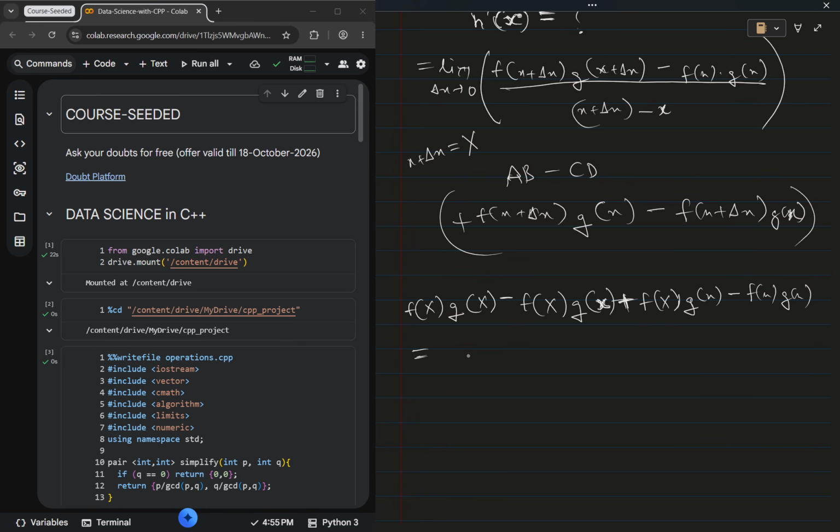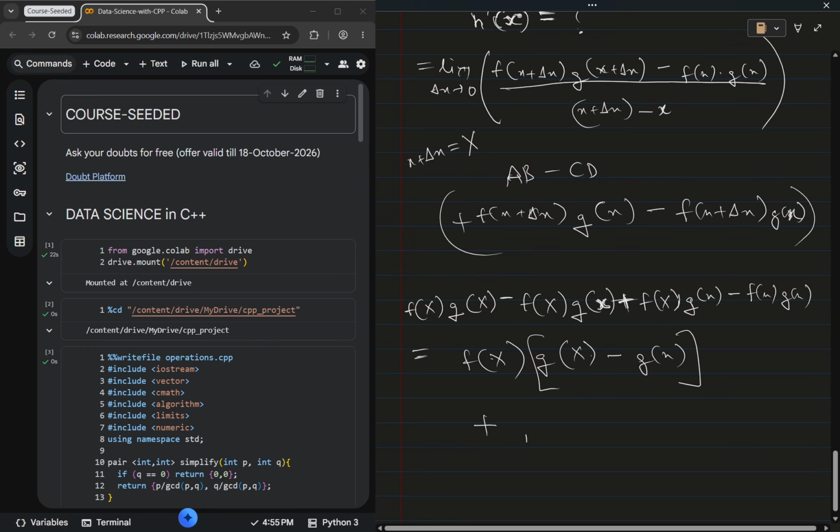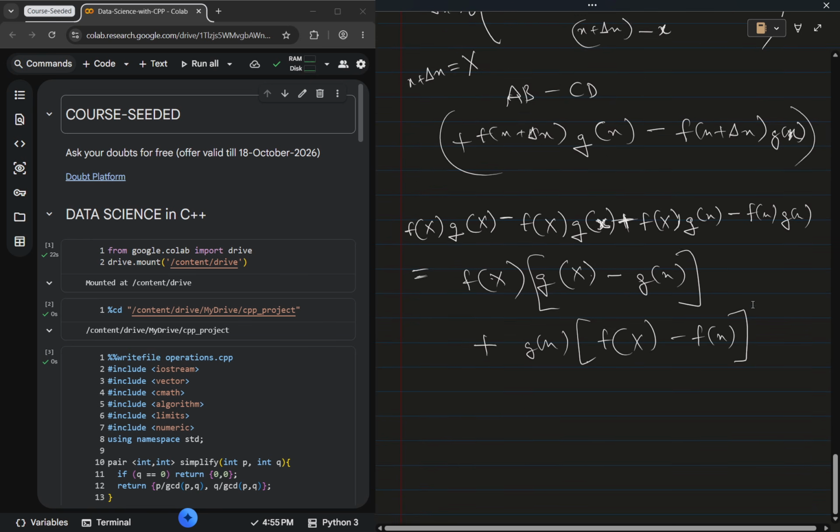So this can be written as f(X) times g(X) minus g(x), and obviously you have your plus f(x) g(x) times f(X) minus small x. So this is what you have.